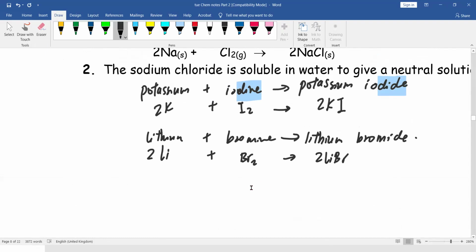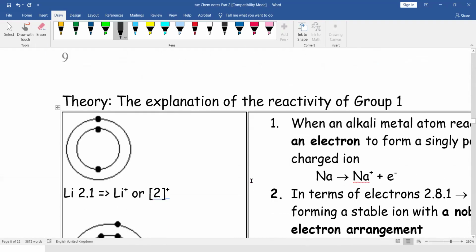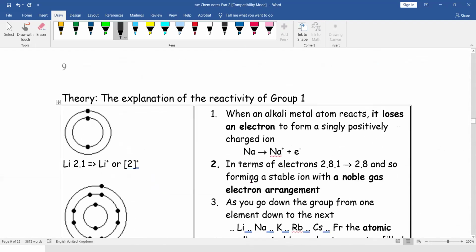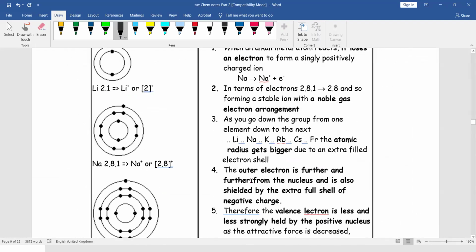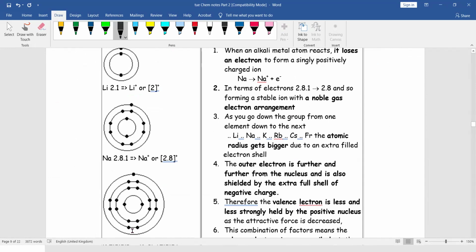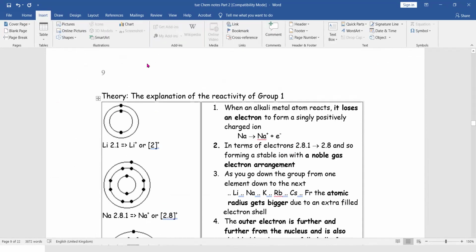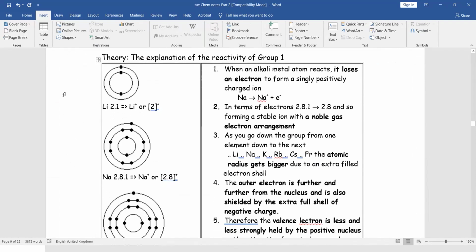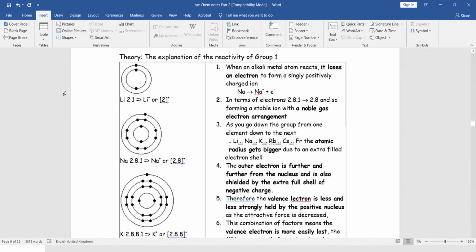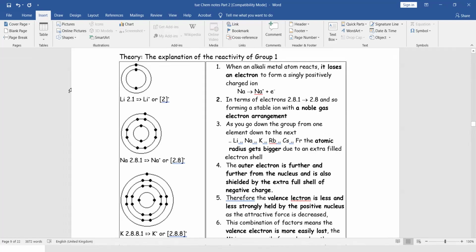Okay, ready? So first of all, let's just talk about the first three atoms. Lithium, sodium, potassium. So 2,1 and 2,8,1. In order to form a full outer shell, what will they do? Will they gain electron or throw away electron?